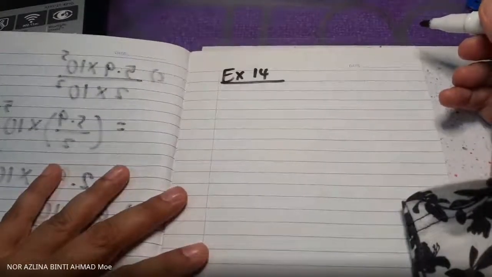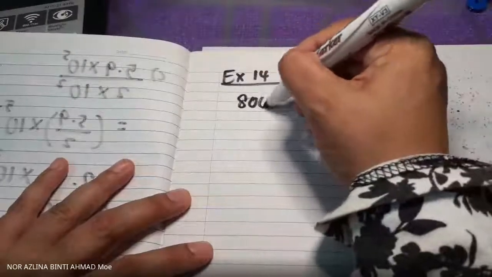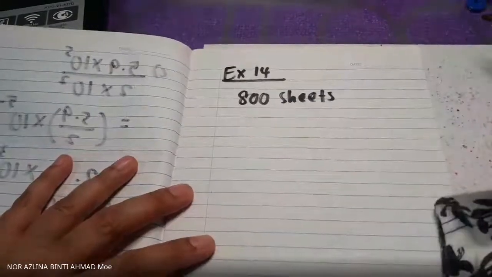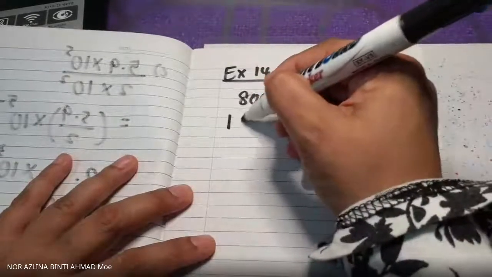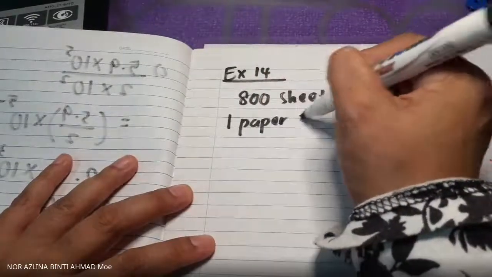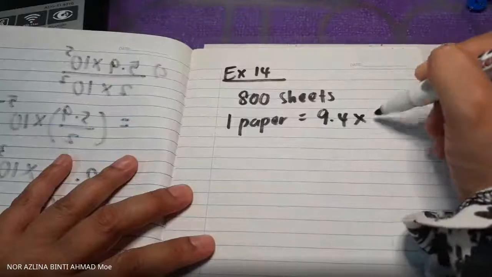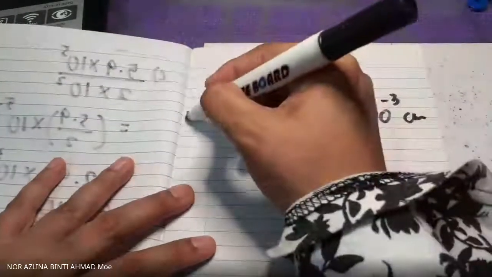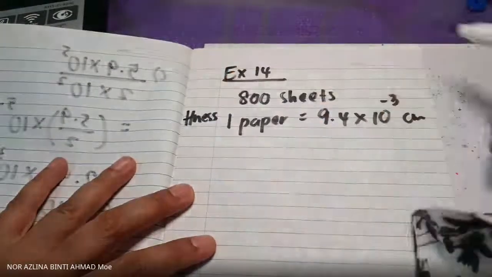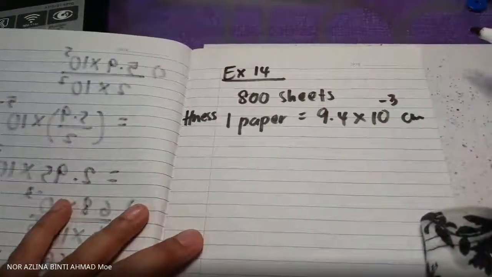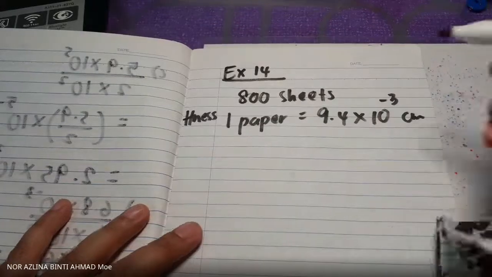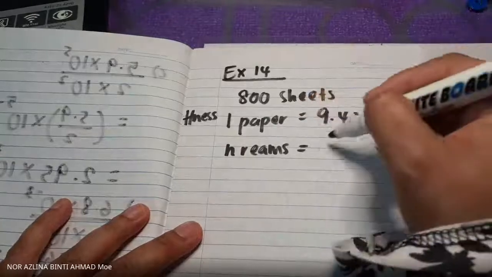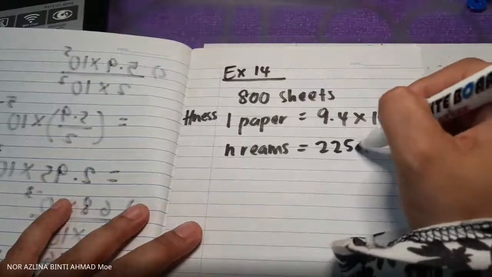A ream of paper contains 800 sheets of paper. The thickness of one paper is 9.4 times 10 to the power of negative 3. Given the total thickness of n reams is 225.6 cm.